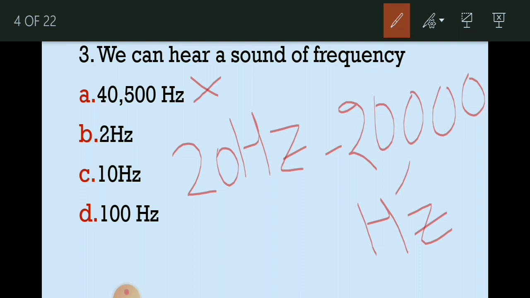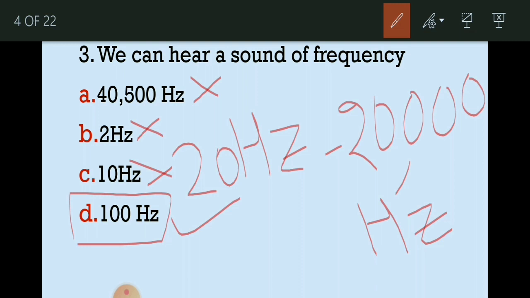So we can conclude that 2 Hz is an infrasonic sound, so we won't be able to hear it. Next is 10 Hz. 10 Hz is also an infrasonic sound, so this is a wrong option. So what will be the correct option? The correct option will be 100 Hz. This one is correct. Why? Because 100 Hz lies in between the 20 Hz and 20,000 Hz range.